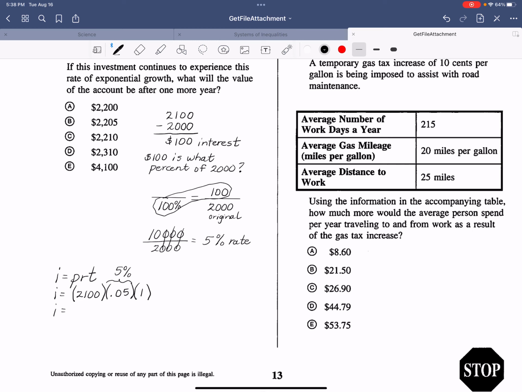And using my calculator, I will say 2,100 times 0.05 times 1 is 105. So I'll take the 2,100, my balance, and I will add this year's interest to that. So at the end of 2 years, I have this much money.